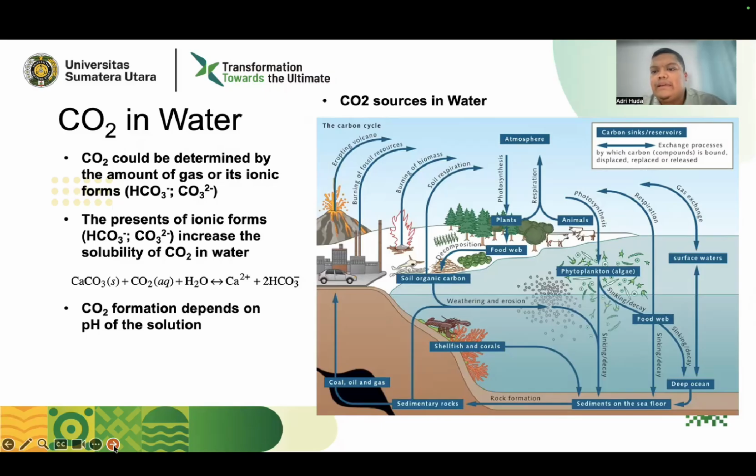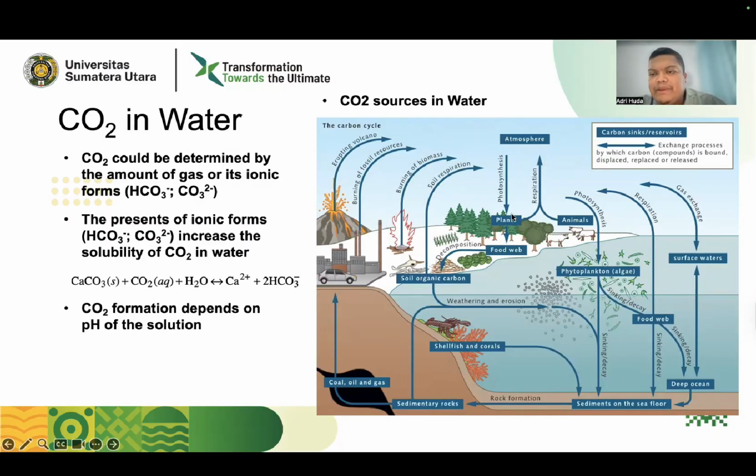As we see, the animals and the plants could extract or contribute in the cycle, where massive activities, for example, natural disaster, industrialization, and direct burning of biomass could contribute more to the carbon dioxide production in the atmosphere.